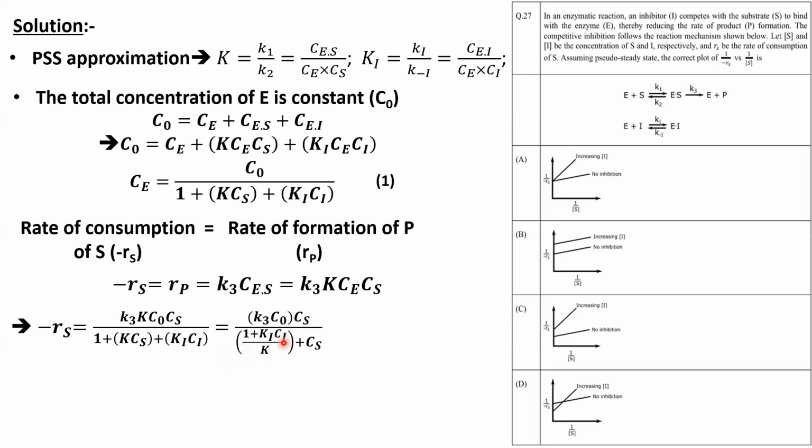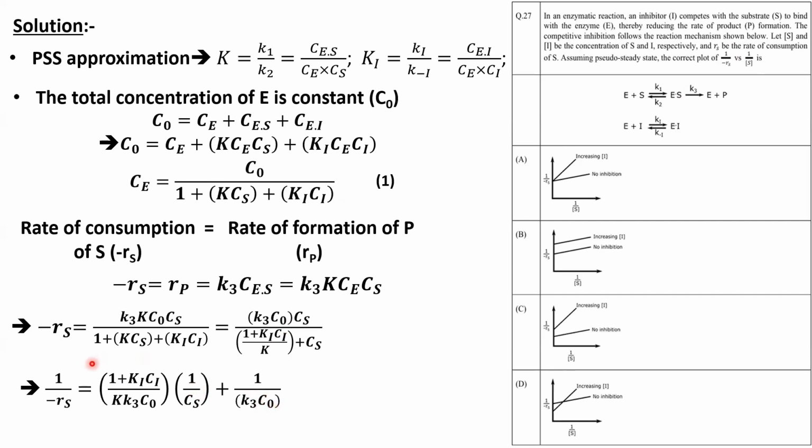Further, we will have to take the reciprocal of the parameters present on both sides of this expression, because we need to find the plot of 1 by minus R_S versus 1 by concentration of S. On taking the reciprocal on both sides, we get 1 by minus R_S is equal to (1 plus K_i C_i by K) by k3 C naught, into 1 by C_S, plus 1 by k3 C naught.